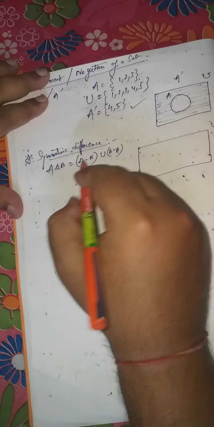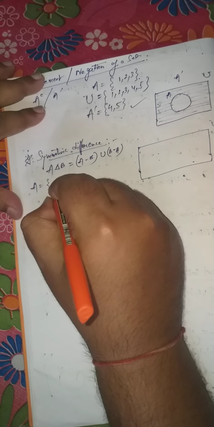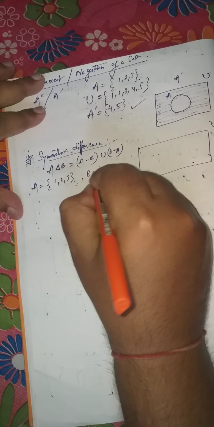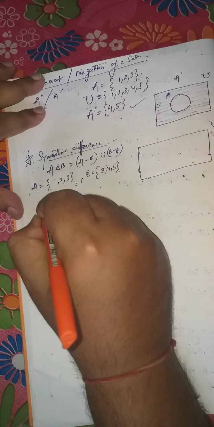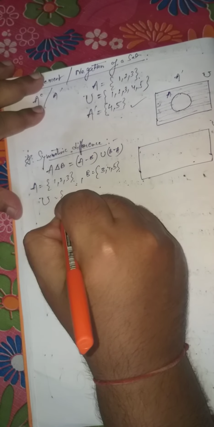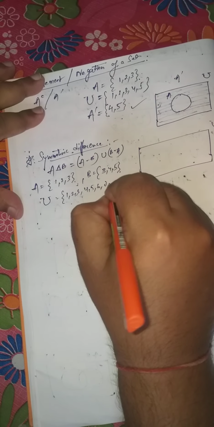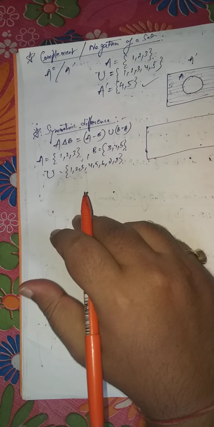Okay, first we do algebraic operation. So consider A to be 1, 2, 3 and set B to be 3, 4, 5 and universal set to be 1, 2, 3, 4, 5, 6, 7, 8. Now, symmetric difference. How to find the symmetric difference?